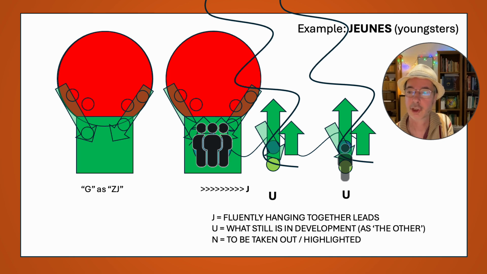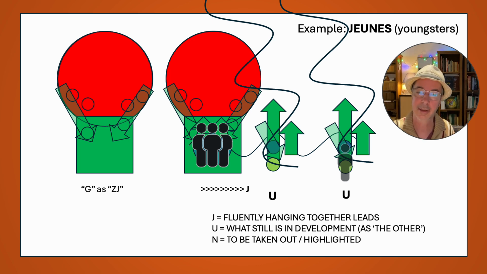Now you still have jeune as well. The jeune, it's written differently. The G is more important. So this flow of moving freely in between the things is different from the S that makes the things hang together and repeated.